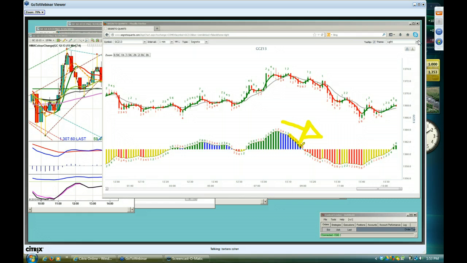So it has to have red numbers with the blue to be true, high probability. If it's green numbers with the blue, there's change. Like here, I would not go short here because it's green numbers with the blue. Okay, I go short here because it's red numbers with the blue. So the blue bars have to have red numbers and the yellow bars have to have green numbers. That's all you need to know. Okay, so we talk about red on red or green on green, and that's all the simplicity of it.